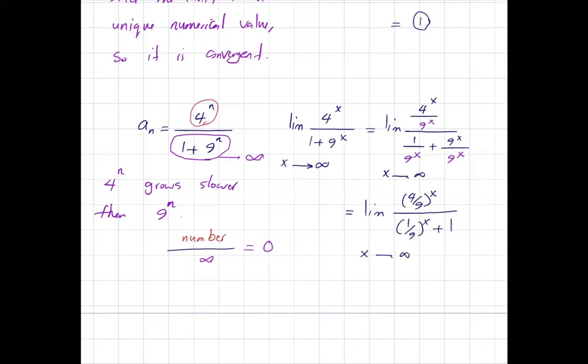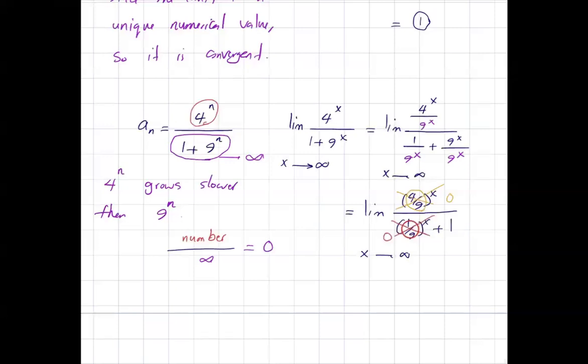But in the denominator, 1 over 9 is less than 1. When it goes to infinity, this becomes 0. The same for 4 over 9, which is less than 1. When it goes to infinity, this becomes 0.